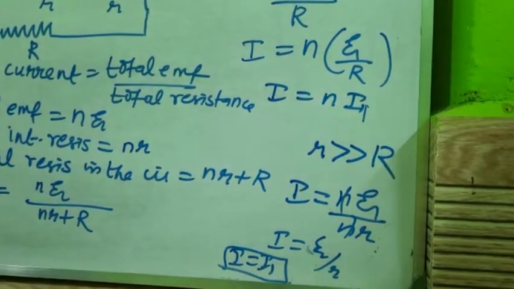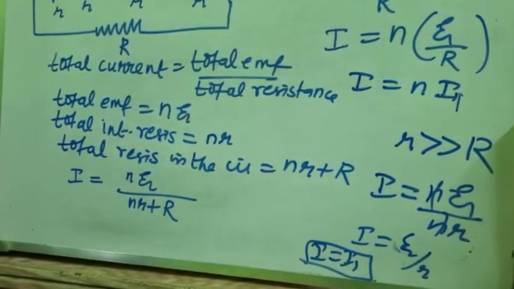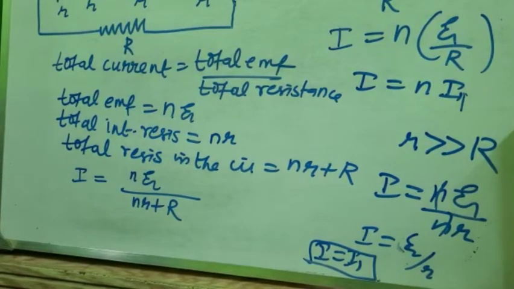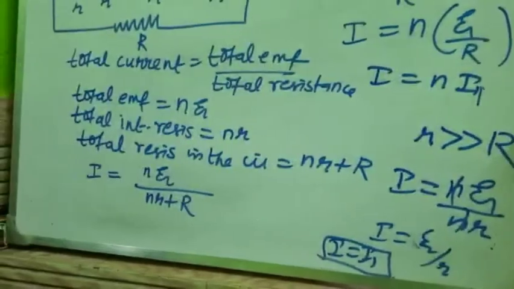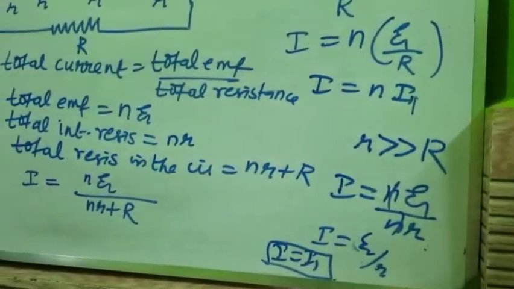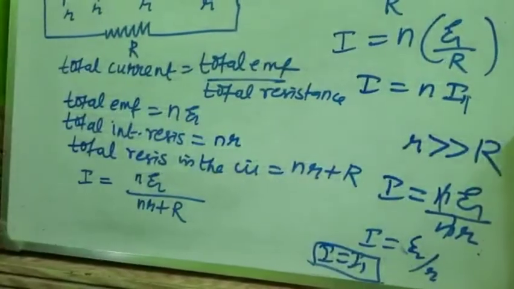So what I would like to explain here is, if you are getting fresh cells from a shop, the internal resistance of a fresh cell is lesser. You know the concept, internal resistance of a cell increases due to aging. Aging means as days go by, as we start using the cell, the capacity of the cell to deliver current will be reduced.